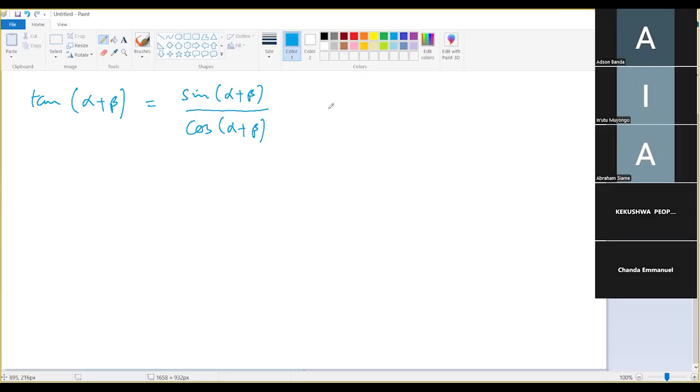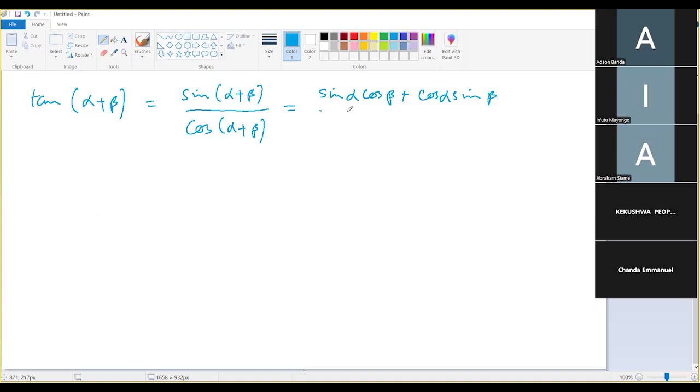So we have already found what these are. The sine of alpha plus beta is sine alpha cosine of beta plus cos alpha sine beta.